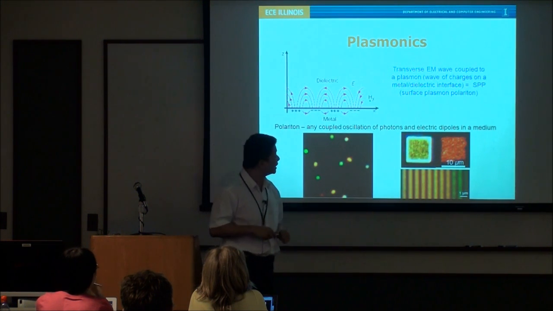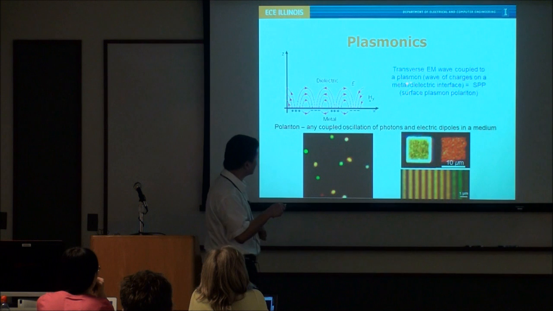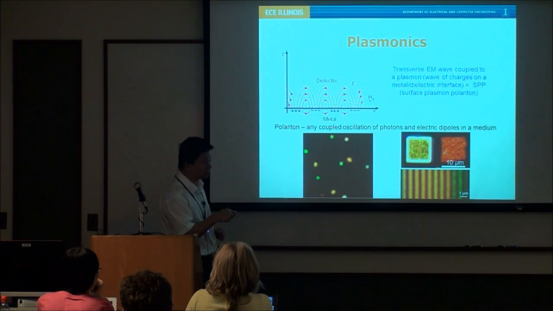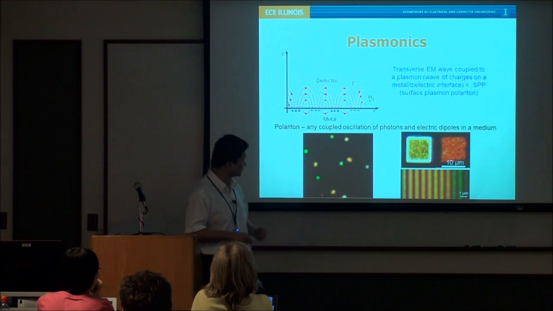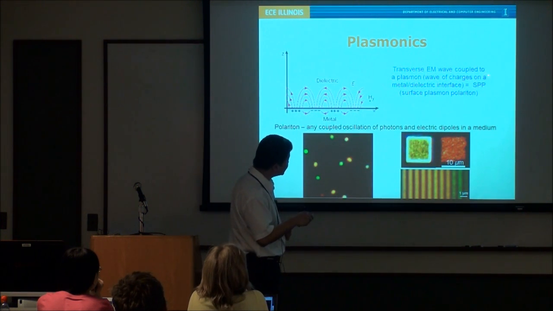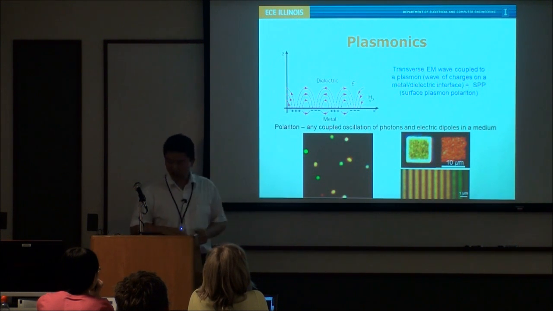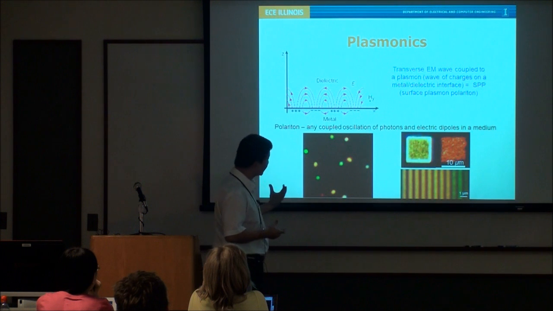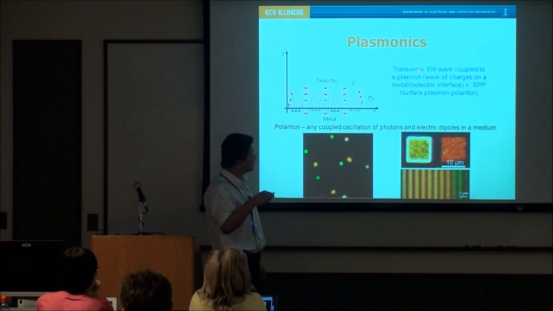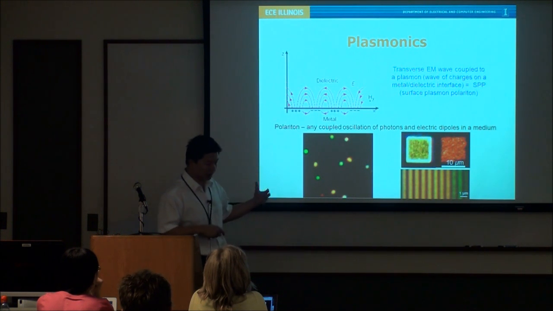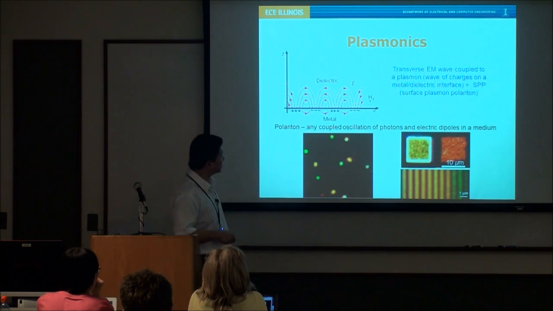So this transverse EM wave in free space is coupled to a plasmon at the interface of metal and dielectrics. And the wave of charges on the metal-dielectric interface is called a surface plasmon polariton. So basically it's a coupling effect between the EM wave and the free electron movement on the metal surface.